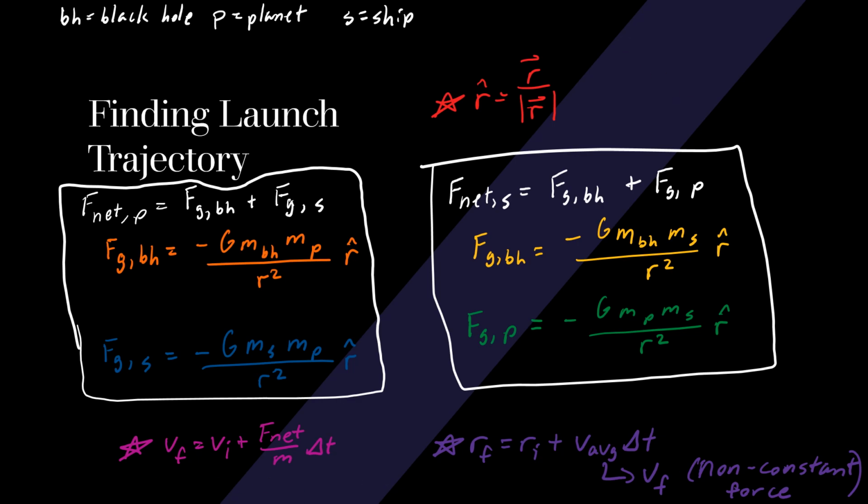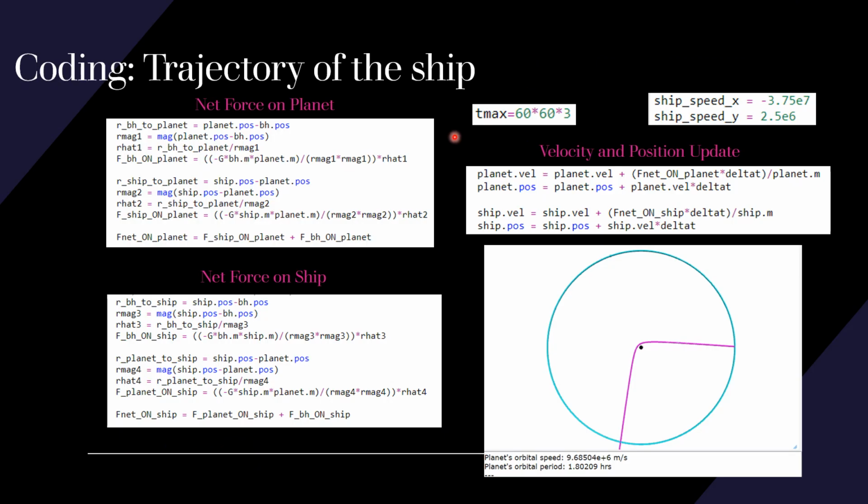And then down here at the bottom, we see our velocity and position update equations, which we are going to use later. So looking at our code for the second part of this lab, we need to find the net force on the planet and the ship. And for the planet, that's going to be the gravitational force of the black hole plus the gravitational force of the ship on the planet, which is simply going to be our gravitational force equation times r hat for each one. And then sum these up to get our net force for the planet.